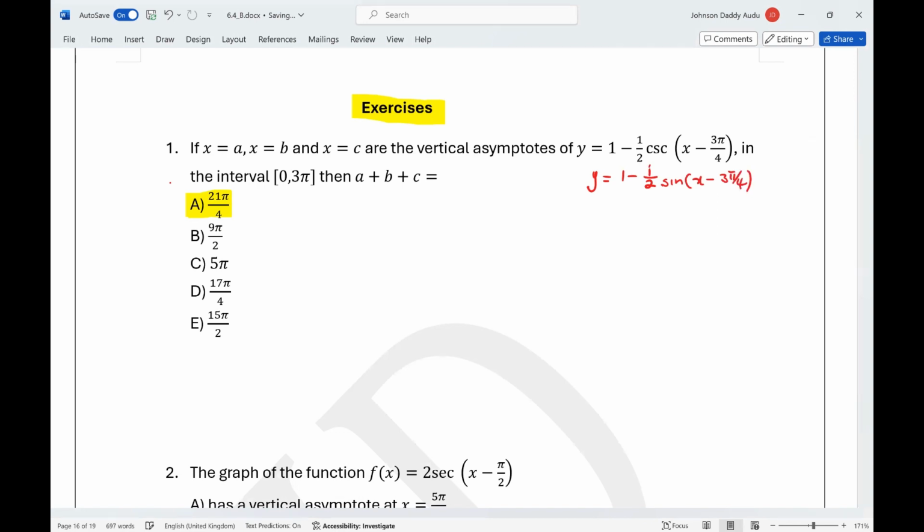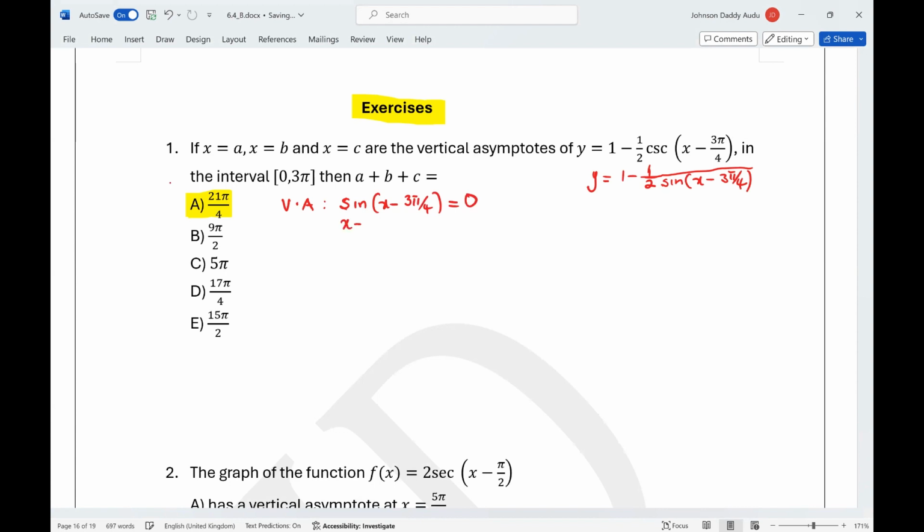This is just the reciprocal here. So now we're interested in the vertical asymptote. Vertical asymptote means the denominator, which is, we can use 2 sine or we can just take sine. If you use 2, it's still fine. You'll get the same thing because we can always divide by 2.